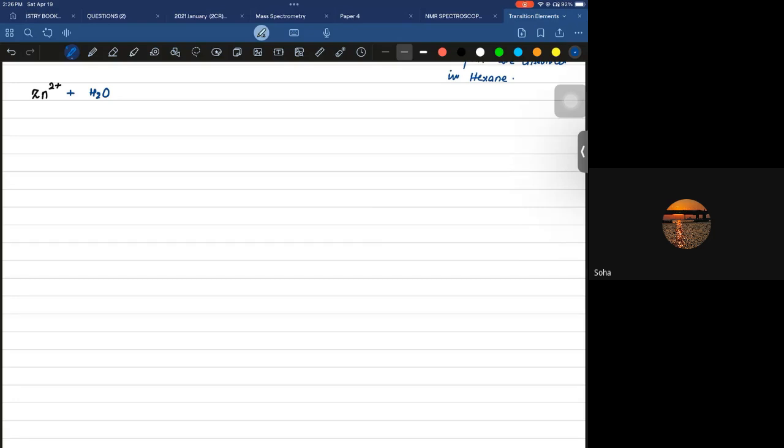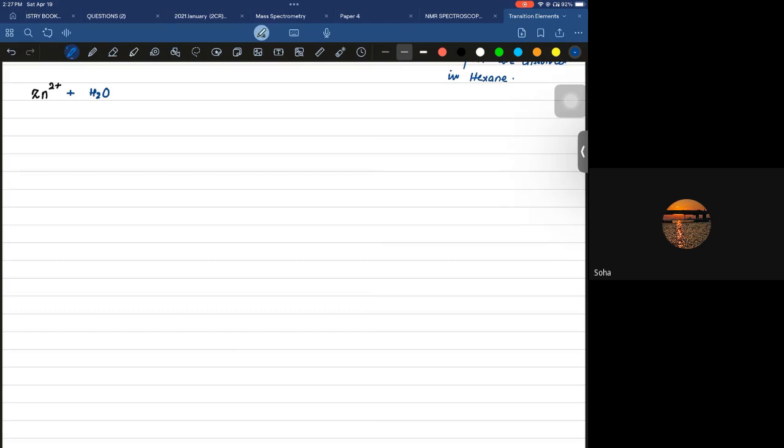And one thing that I'm going to tell you is that it's not a transition element. We discussed in the first class of transition metals that it's not a transition metal. You know why? Because there is no unpaired electron in this after getting 2+. So it's not a transition metal.